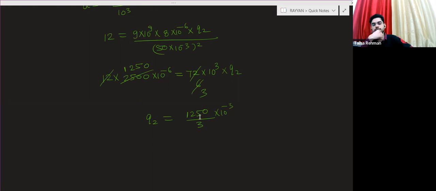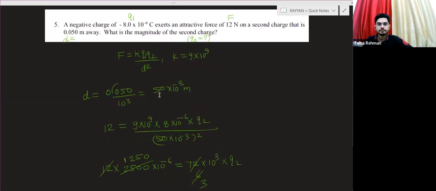Or 116.6. Actually we are getting wrong answer. This is 50, this is meter. Basically this is the meter, so I have just removed this point.